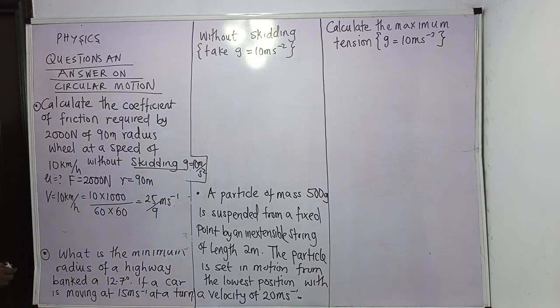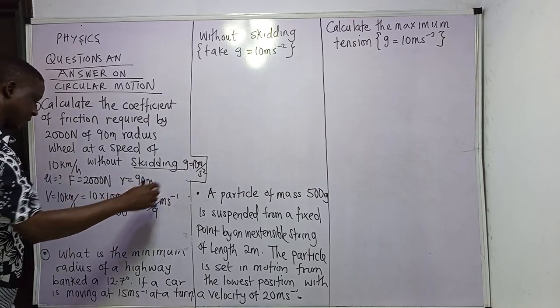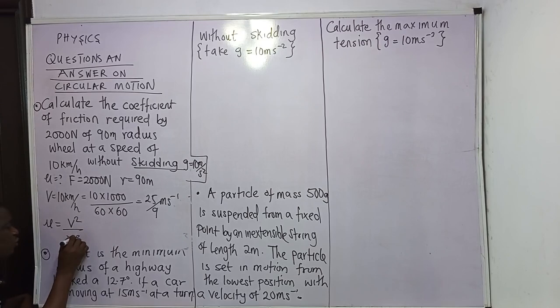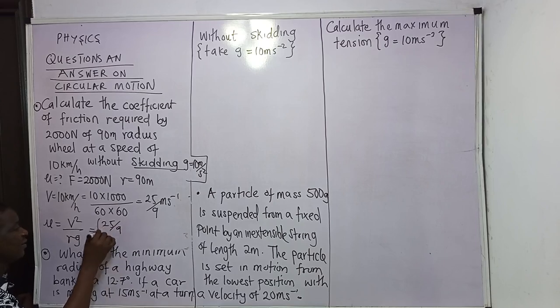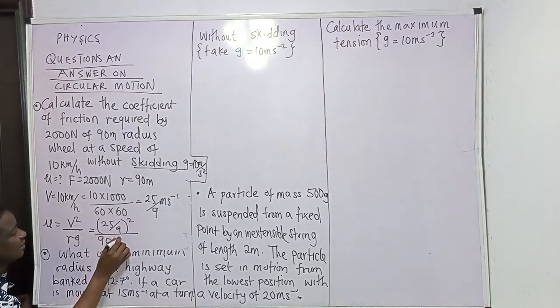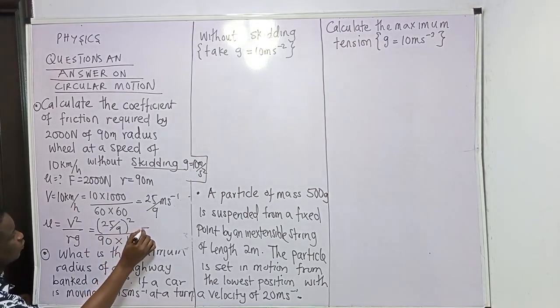Now, what do we need to do? We know our radius, we know our G. G is 10 meters per second squared. So that means that coefficient of friction will be equal to V square over RG. What is our V square? It is 25 over 9 squared divided by 90 radius times acceleration due to gravity.